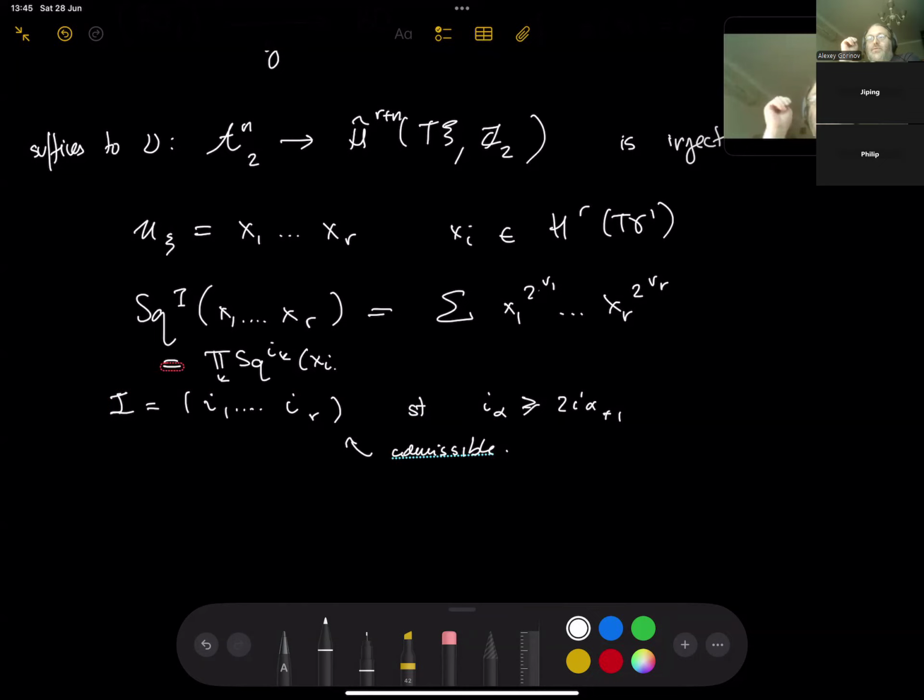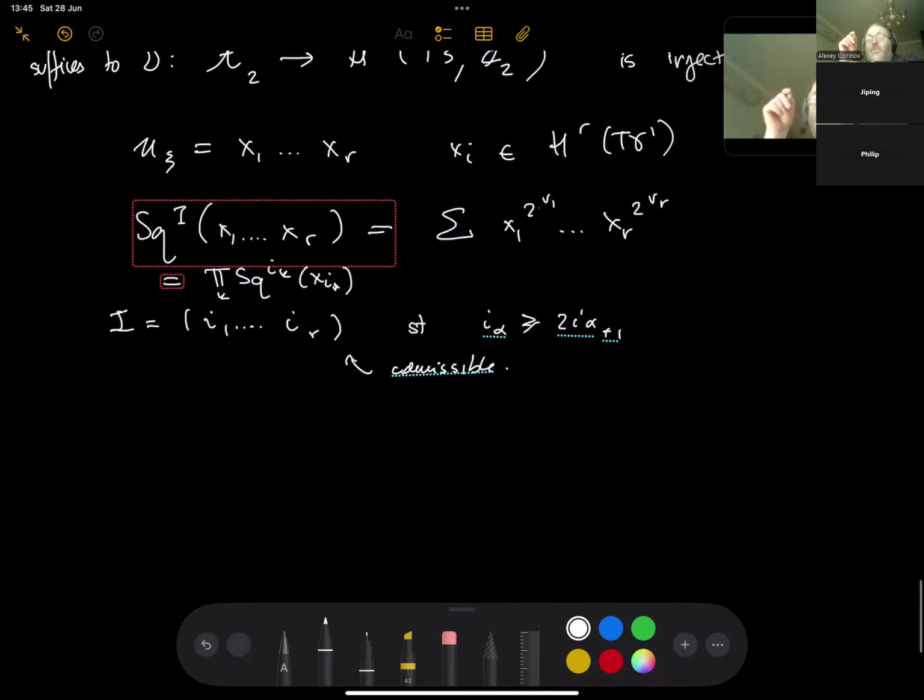There's a result, I don't know by whom, that these SQ I's with capital I being admissible, meaning what it says at the bottom, form a Z2 basis of the Steenrod algebra. Well, it follows from the Adem relations, and let's assume it.